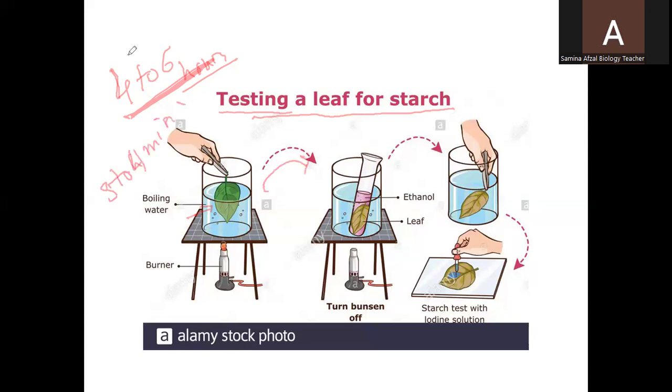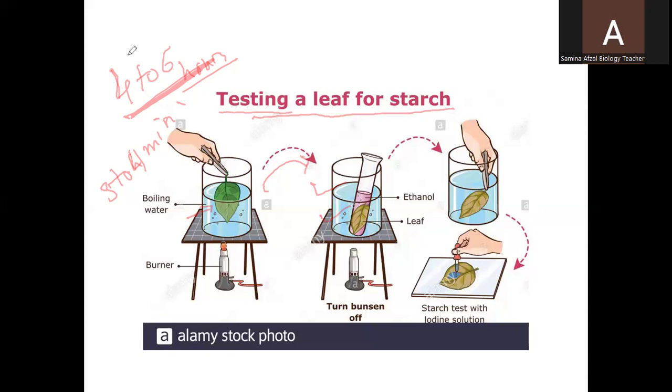After boiling in water, we will dip the leaf into boiling ethanol. Keep in mind, when we are using ethanol, a water bath should be used, otherwise it can catch fire.